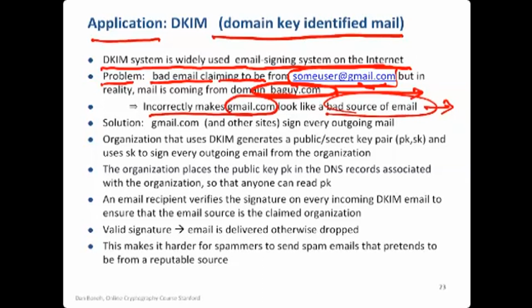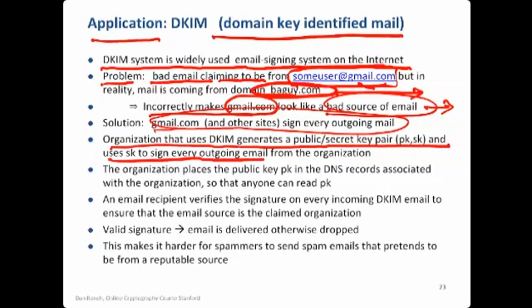So now the solution is that gmail.com signs every outgoing email. The organization that uses DKIM generates a public key and secret key pair, and uses SK to sign every outgoing email from that organization.